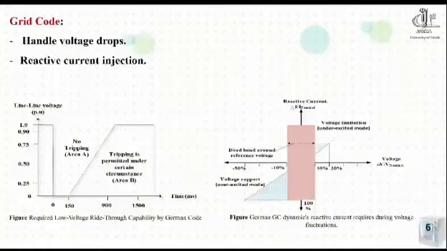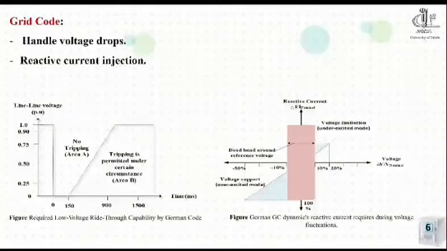When the voltage drops to zero, the renewable energy source must stay connected to the grid system for a period of less than 150 milliseconds.